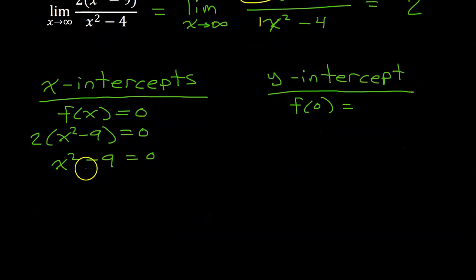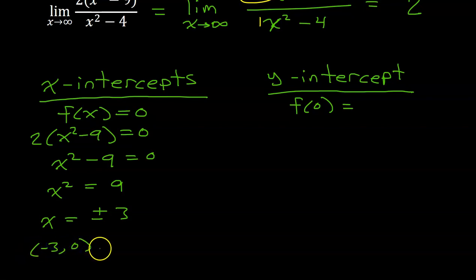I think I will add and do the square root this time. You could do the difference of two squares and factor. But adding 9 to both sides, we get x squared equals 9. Taking the square root of both sides, we get x is equal to plus or minus 3. So we have these x-intercepts: negative 3, 0, and positive 3, 0.